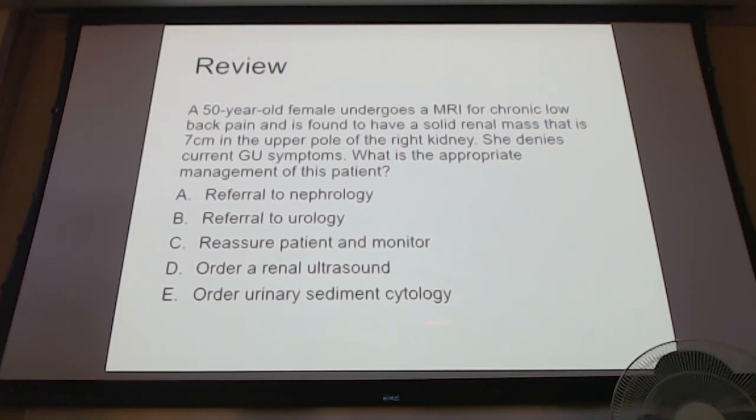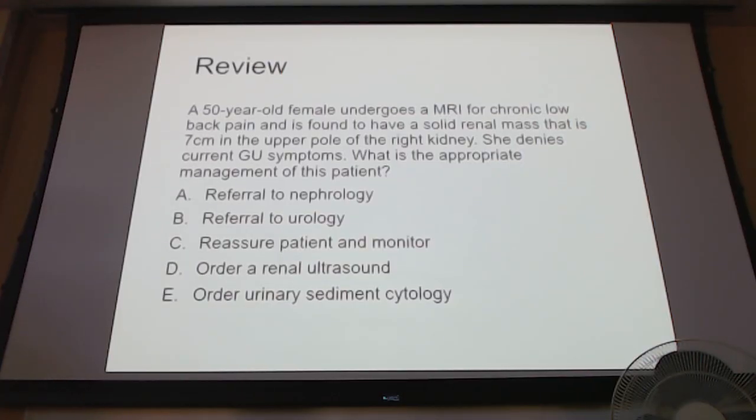And why is E wrong? Because we don't care when she has cancer. So there's a reason that E is wrong other than I told you don't do cytology. There's another reason. Because if it can metastasize the cancer potentially. Nope. So urinary sediment cytology, so you're talking about urine cytology, not a biopsy.